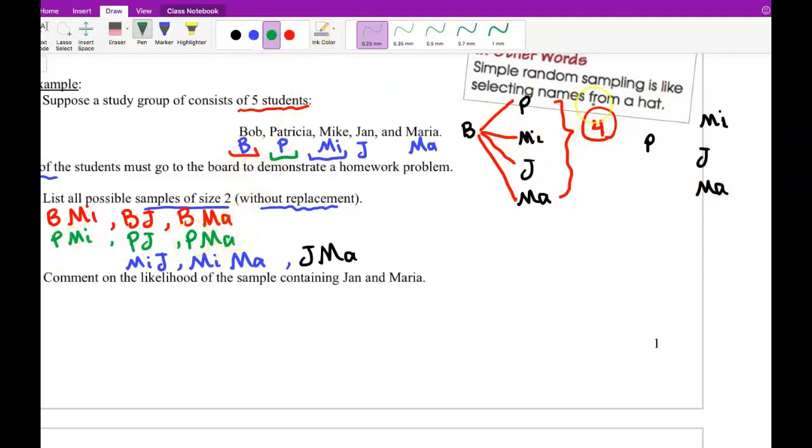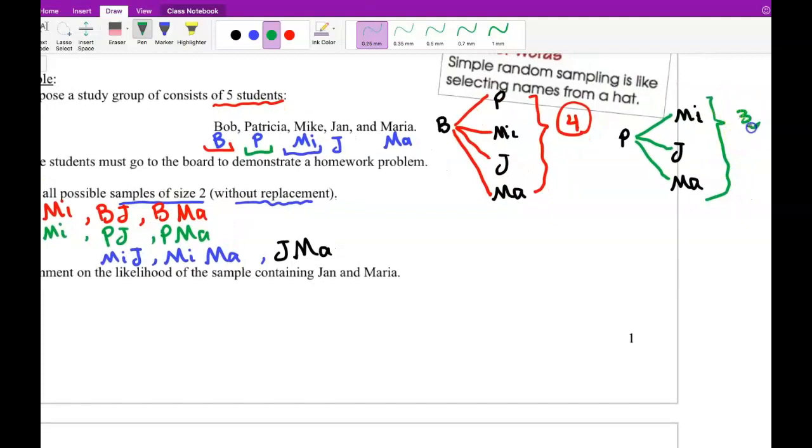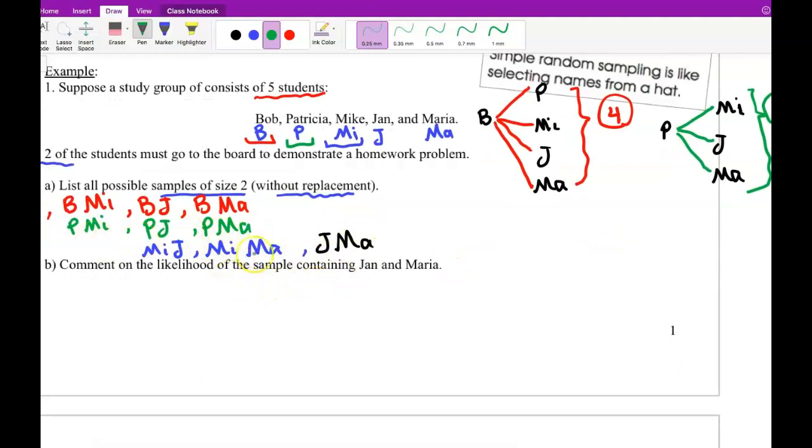We have green color, and I had 3 possible samples for this part. Then after that, we started here. We have Mike, and then Jane, Maria.